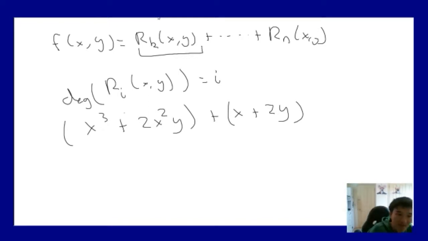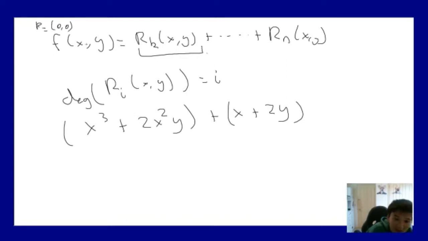So actually, let's consider the singularity at the point (0, 0), since otherwise we can always do a linear transformation to the origin. And so that way we're considering the point p = (0, 0).